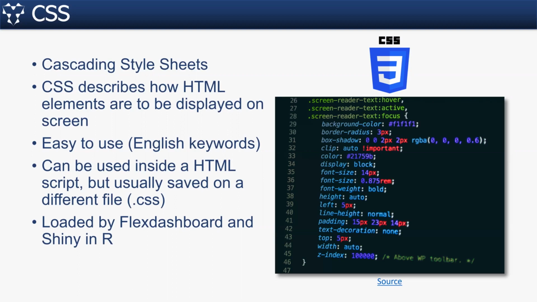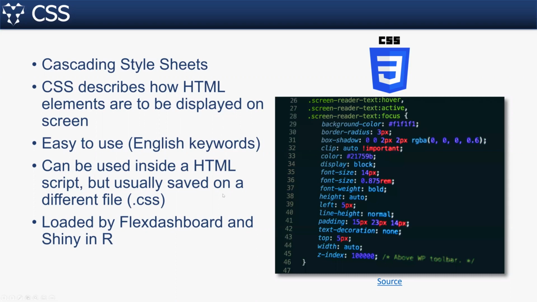And it's a very simple type of language because it's basically English keywords that you're going to use. So if you want to change something on the screen, for example, the screen reader text focus, and then you want to change the background color, and then you put the hex color in general, and the border radius. All those English keywords, those are the commands that you're going to be using in CSS.